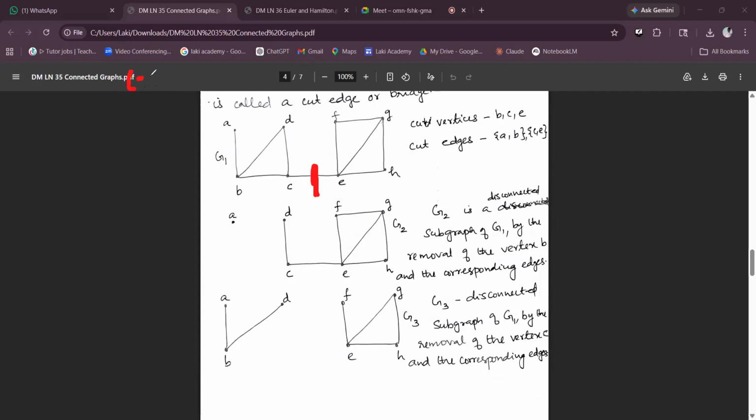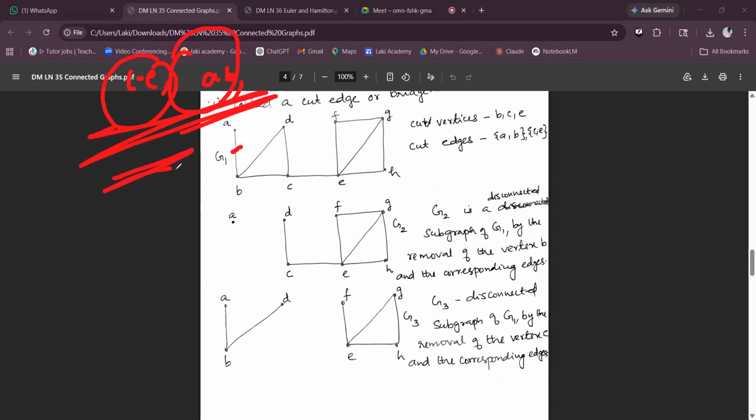A and B. Any other example? Others are all connected. So this is the minimum number of edges. When you remove any one edge out of these two, the graph becomes disconnected.